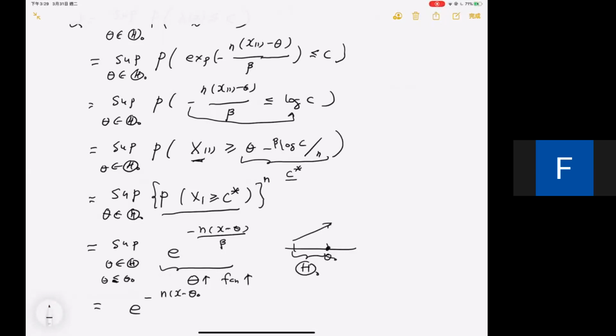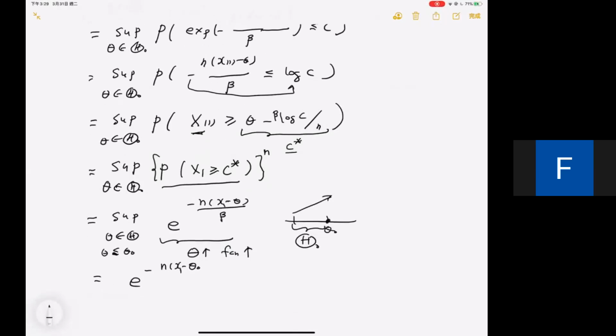So x1, oh, I don't like it yet. So x1, no, it's really wrong right here. It's not going to happen right here. So sorry about that.